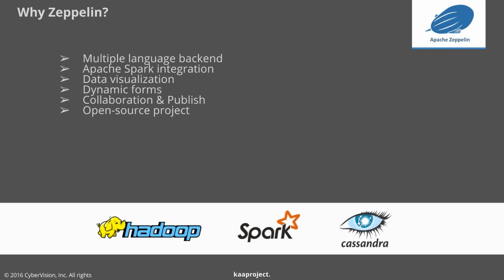Now, Zeppelin is, well, when we found Zeppelin, it was a revelation. We actually liked it very much. Apache Zeppelin is actually right now a project that is undergoing incubation in the Apache community.